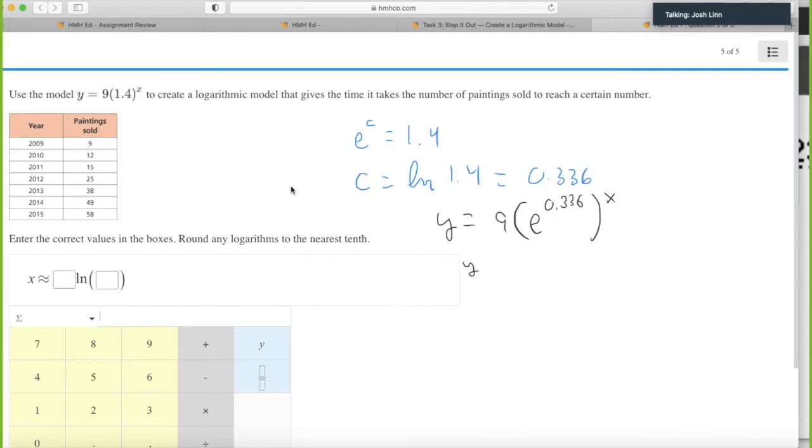So we've got y over 9 equals e to the power of 0.336x. Now we take the natural log of both sides. Natural log of y over 9 is equal to, again, natural log of e cancels out, 0.336x. Now we're going to divide both sides by 0.336.